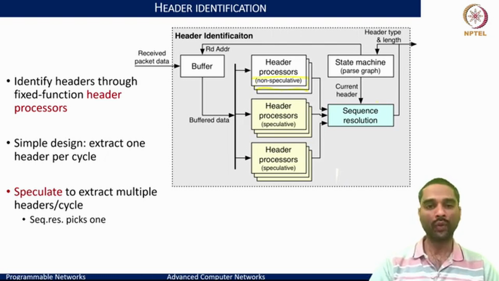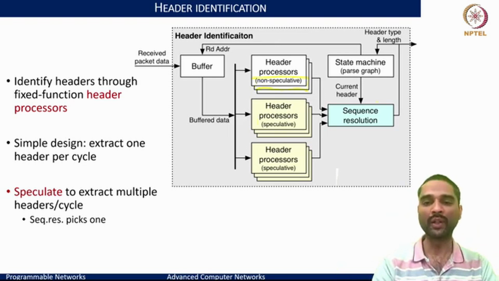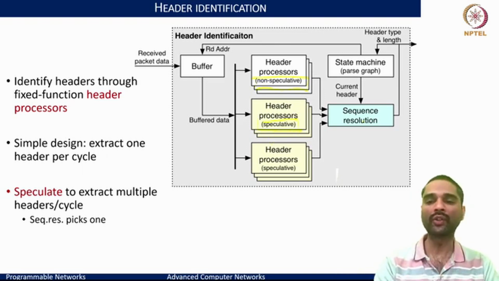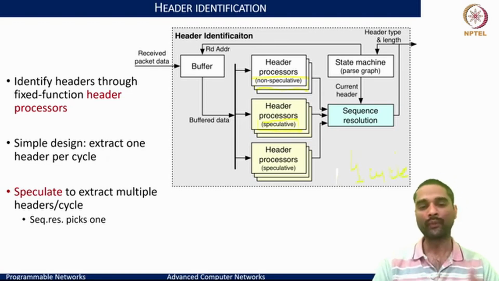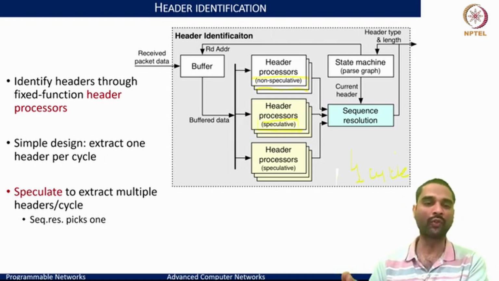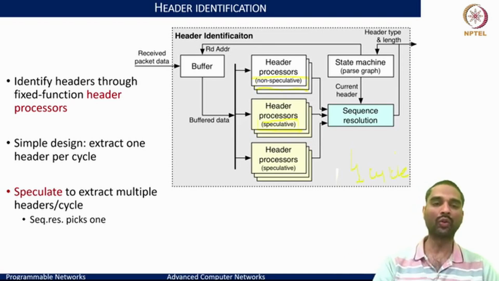And once we identify the header and we say there is a length we want to look up, those can be added as speculative header operations that you would want to do. In simple essence, every time there is a sequence resolution, all of this happens in a one cycle unit. For each cycle, you would do one stage of operation and add the set of actions that you would want to process.